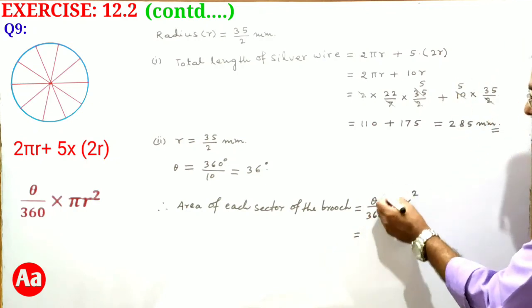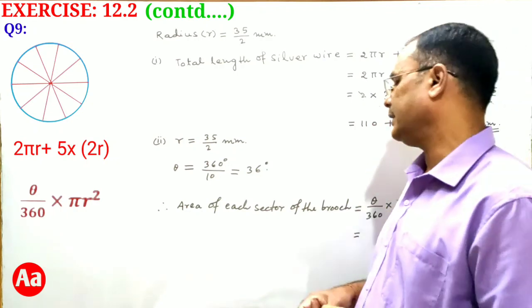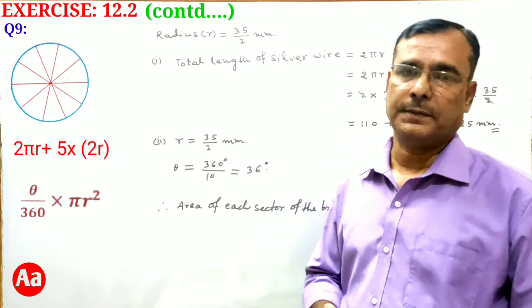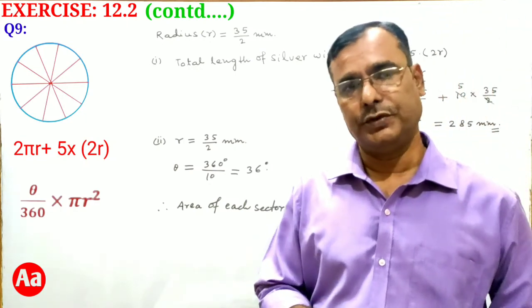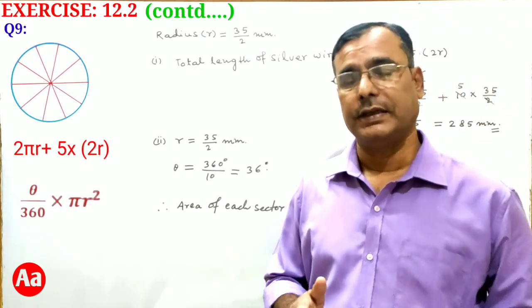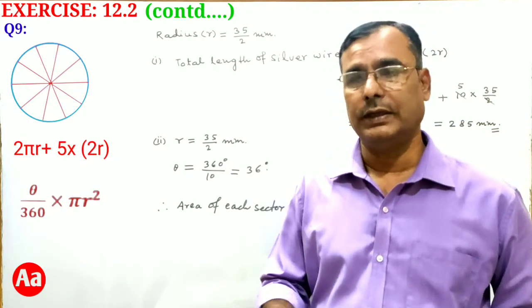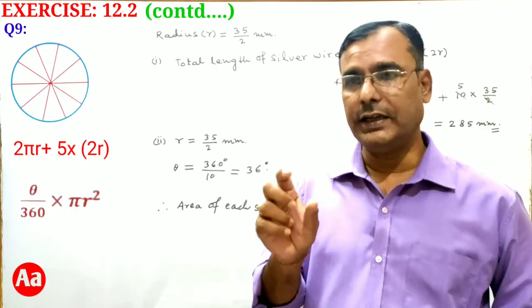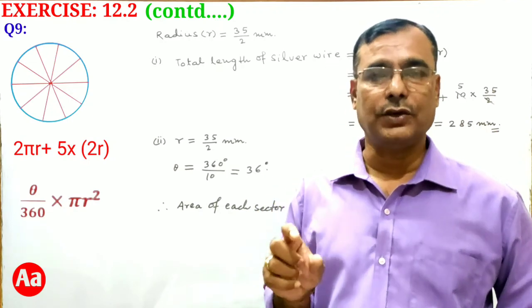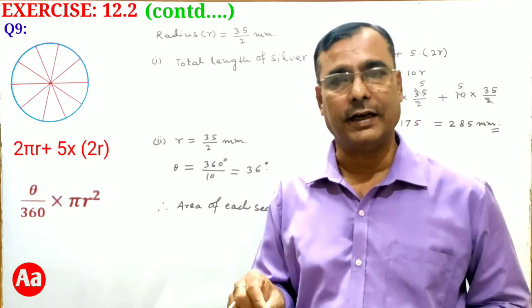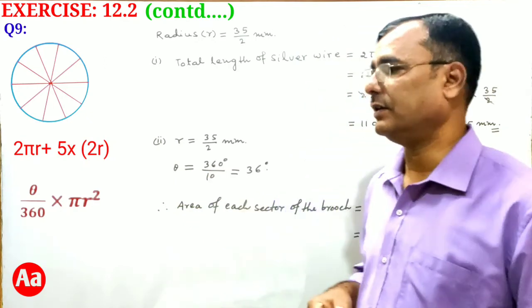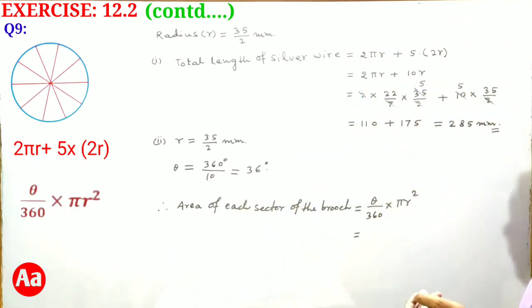Even without using this sector formula also we can find area of each sector of the circular brooch, because 5 diameters, they divide the circle into 10 equal sectors. So area of one sector is equal to 1/10 of area of the circle or area of the circular brooch.